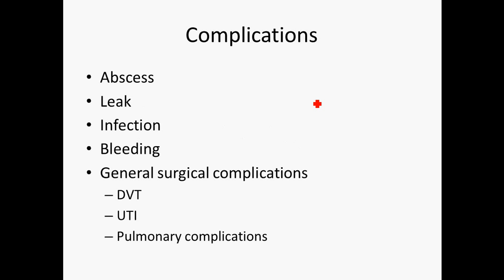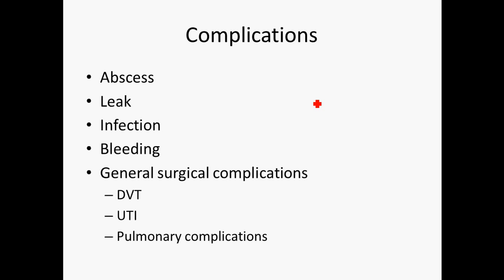The complications, of course, that are associated with it are abscess, leak, infection, bleeding, and then, of course, regular surgical complications like DVT and UTI from having a catheter, and pulmonary complications from anesthesia. And this stuff does happen.